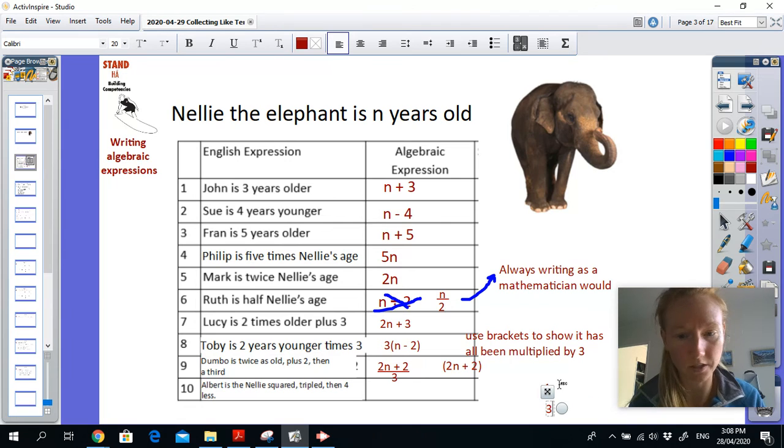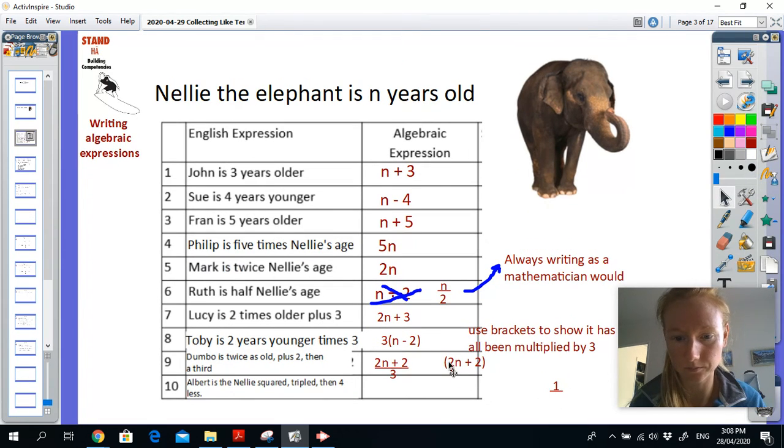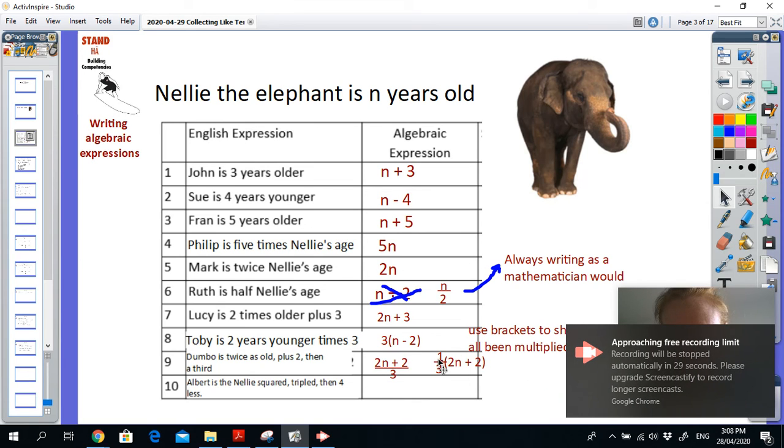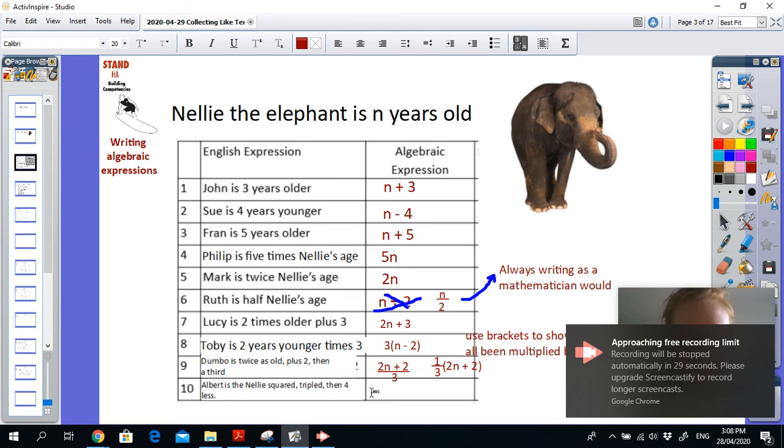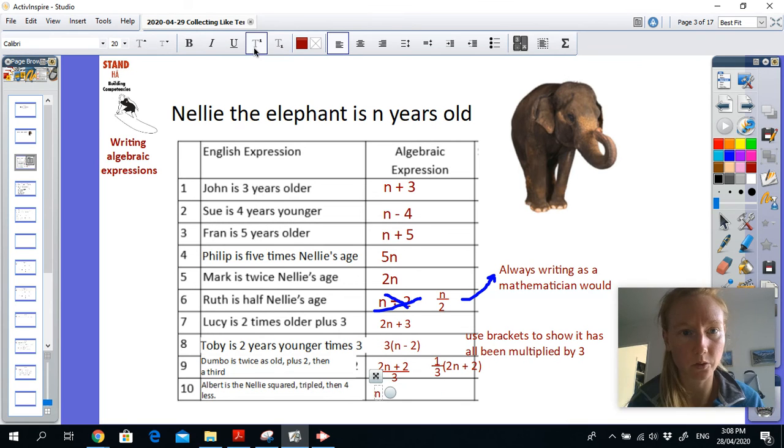Trying to find a third of it. There, okay. Then the last one. Albert is Nellie squared, so we're going to square it, then tripled, and then 4 less.